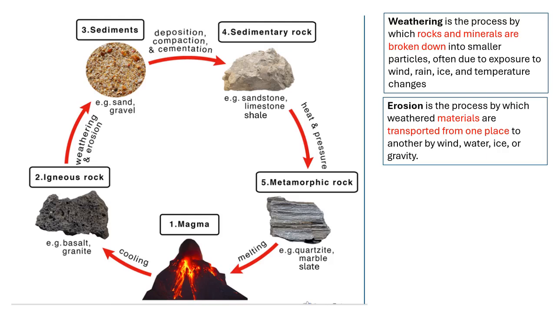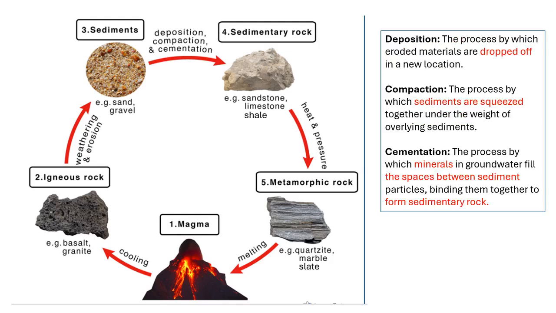Now the sediments normally move over long distances. It can be in rivers or they can be transported by wind, and then they are deposited. When they are deposited, we talk about deposition, or dropping off of the particles.